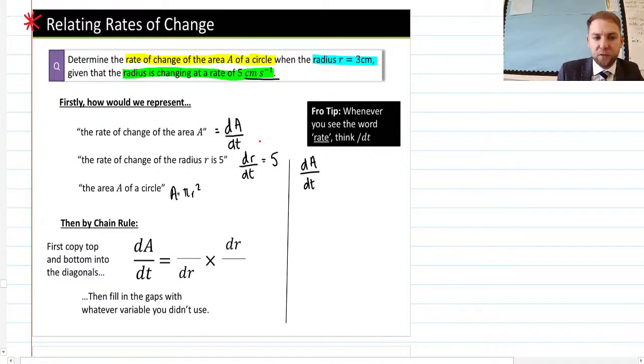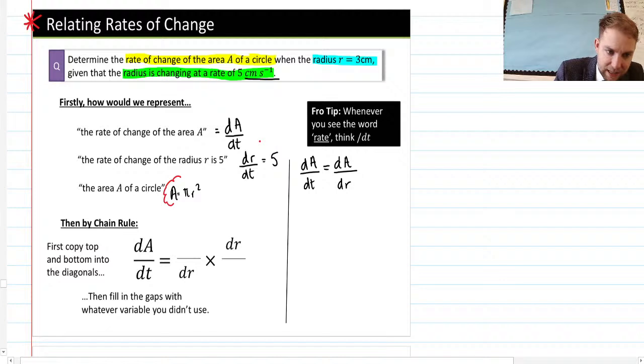Now, I've got a formula for area in terms of radius, but I haven't got a formula for the area in terms of t. So what we do is we use the chain rule. And what we say is that dA by dt is equal to dA by dr, which I can work out because I've already got a formula in terms of the radius.